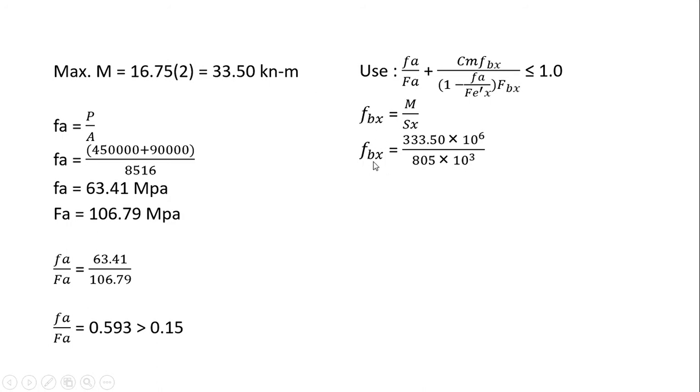So fbx equals 33.5 times 10 raised to 6 over 805 times 10 raised to 3. So fbx is equal to 41.61 MPa.